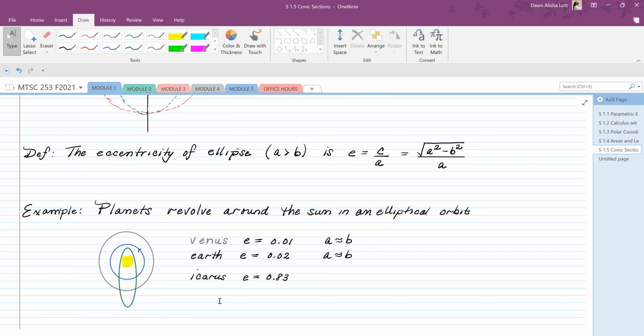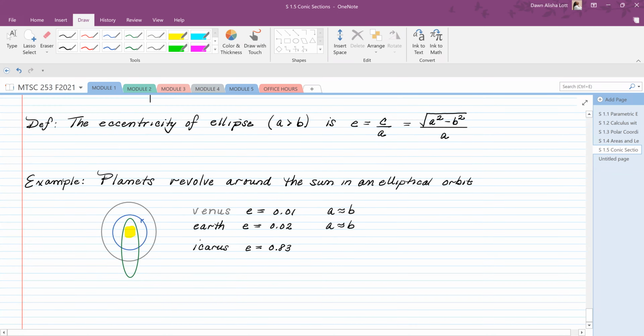All right. So that's how you find the eccentricity of an ellipse.